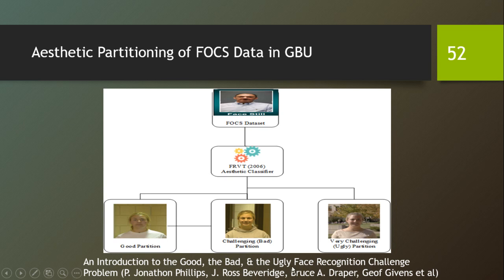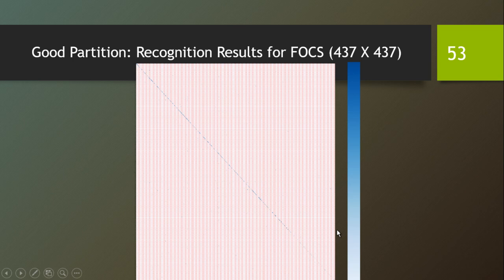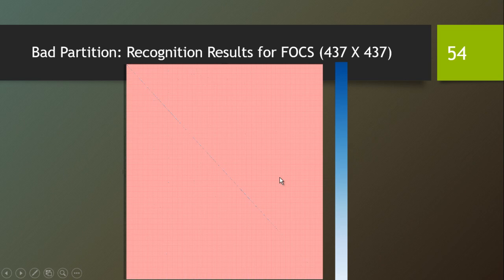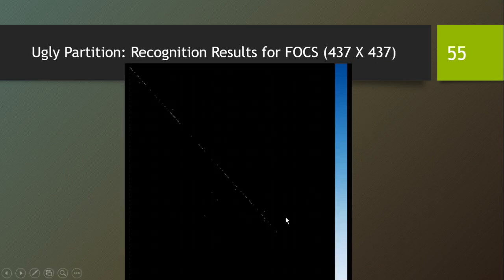The Fox dataset description is given in their own research paper. I have also provided the name here below. I have plotted the confusion matrix for each partition separately. These are the performance measures: this is the confusion matrix for the good partition, this is for the bad partition, and this is for the ugly partition, having a 437 by 437 matrix.